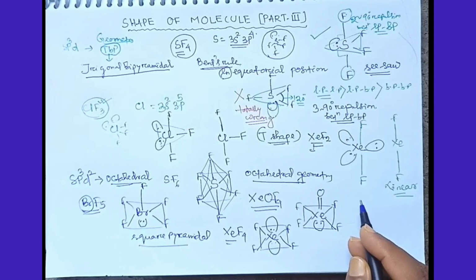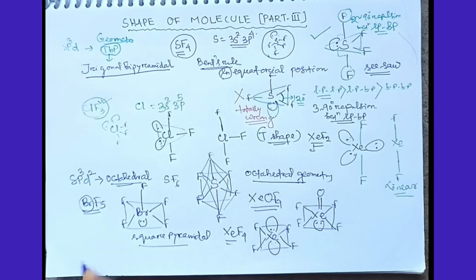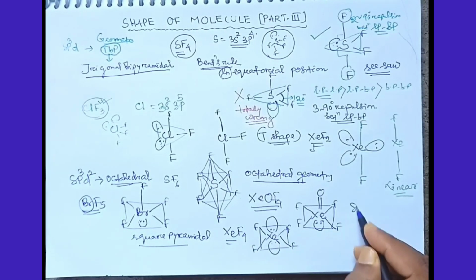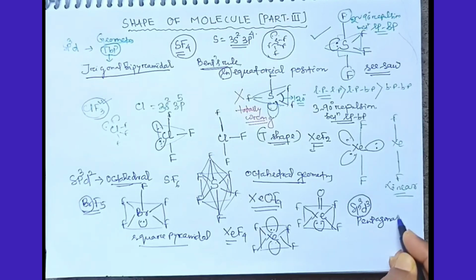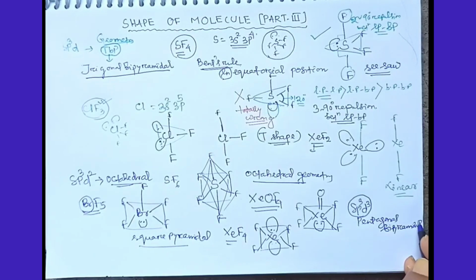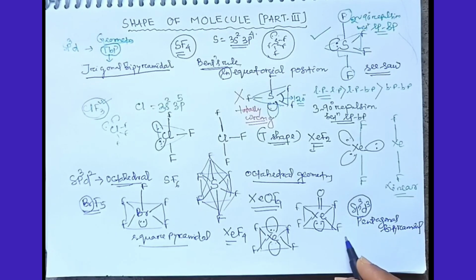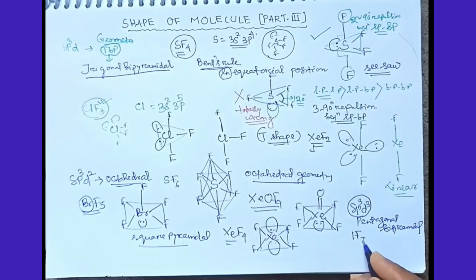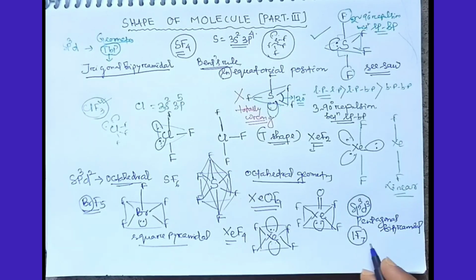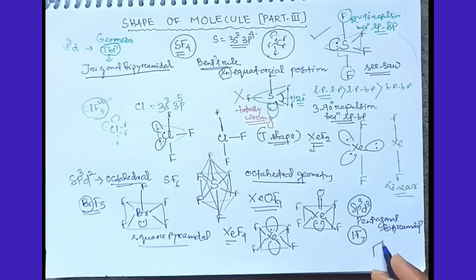One more small thing is pending, which is sp3d3. Its shape will be pentagonal bipyramidal. So here we will discuss the example IF7. Iodine has 7 outermost electrons. So what we will do, first we will draw one pentagon.